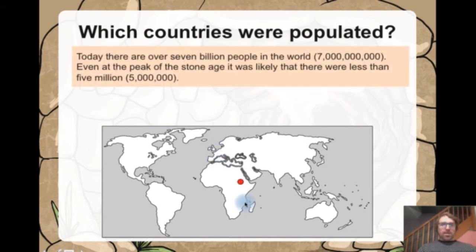Okay, so today there are over 7 billion people in the world. Even at the peak of the Stone Age, it was likely that there were less than 5 million people. So there's a lot of zeros less than 7 billion.